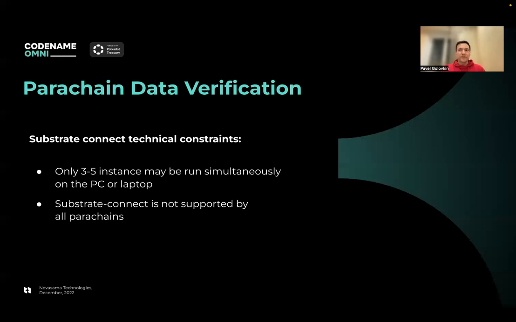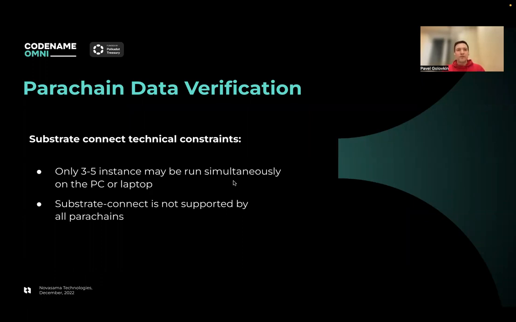And these technical constraints are the following. If you have a laptop or PC, then you can run 3 to 5 instances of Substrate Connect. And if you run 3-5 instances, it means that you can connect only to 3 or 5 networks. That's not enough because we are supporting more networks.